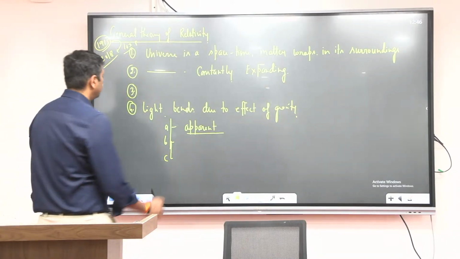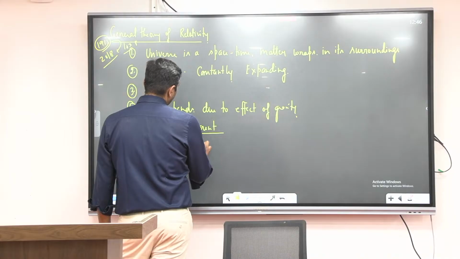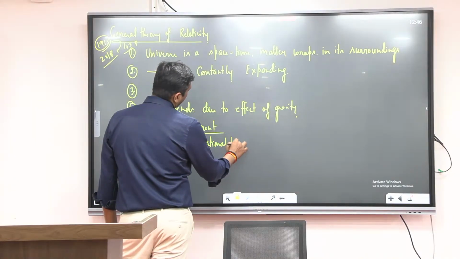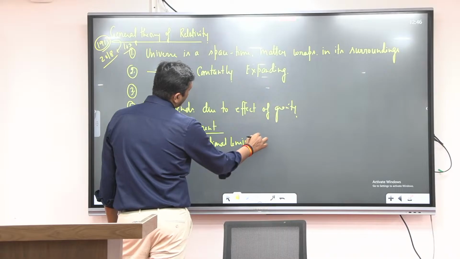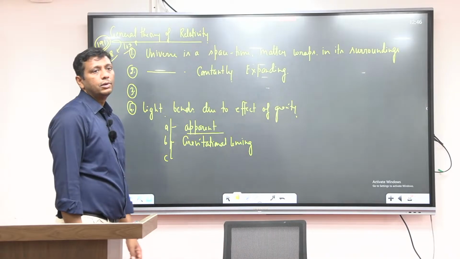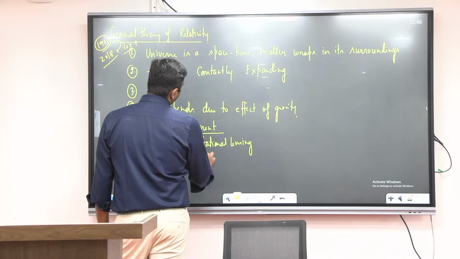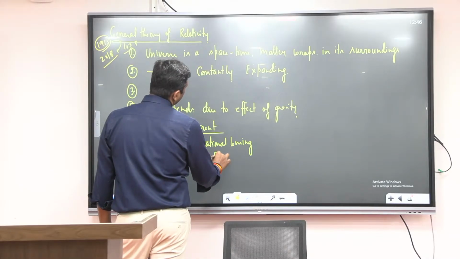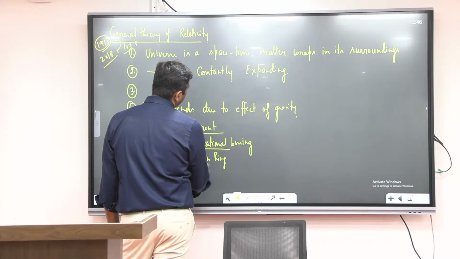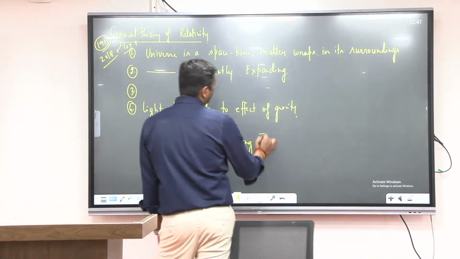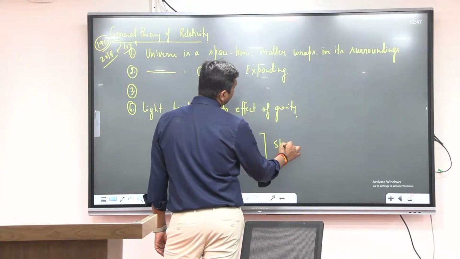Second point. Gravitational lensing. Next, Einstein ring. Tell me, in which chapter have you people seen this kind of discussion? Anyone? Space technology. Where in space technology did I tell you everything?